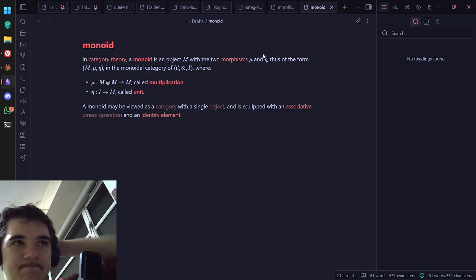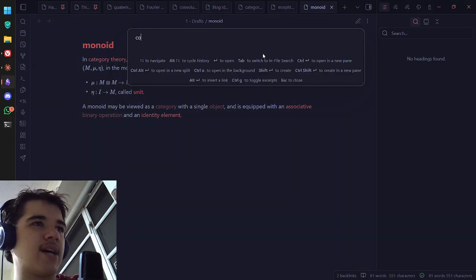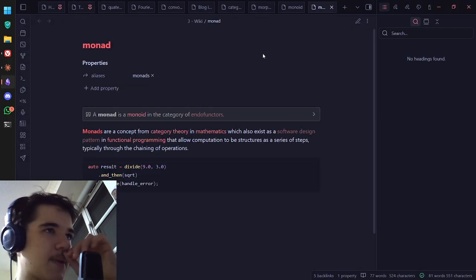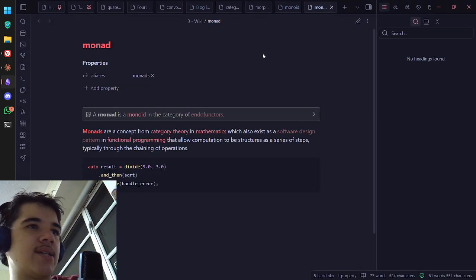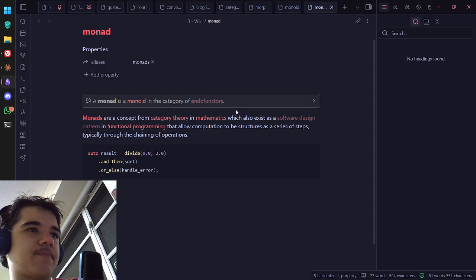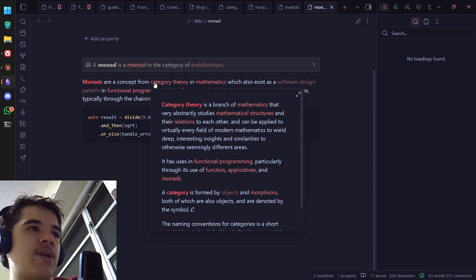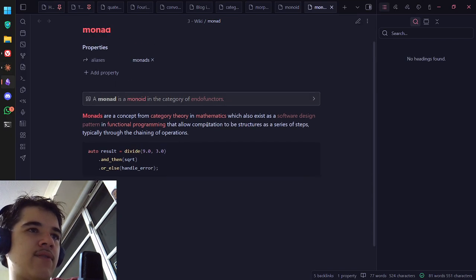Do I have monad? I surely do. A monad is a monoid in the category of endofunctors.